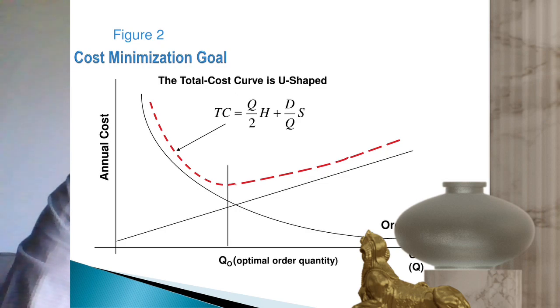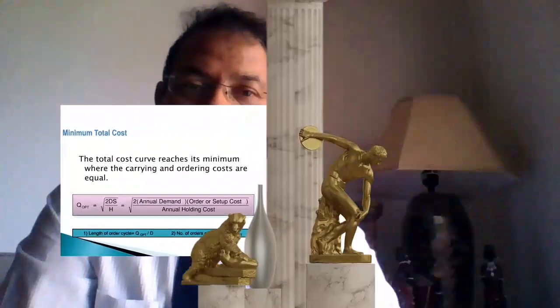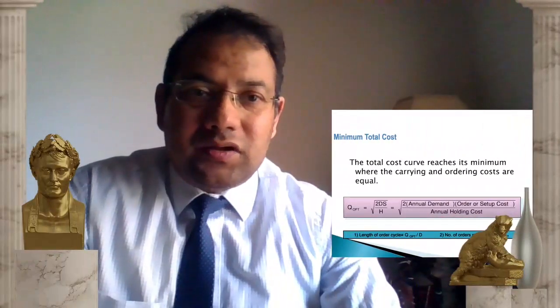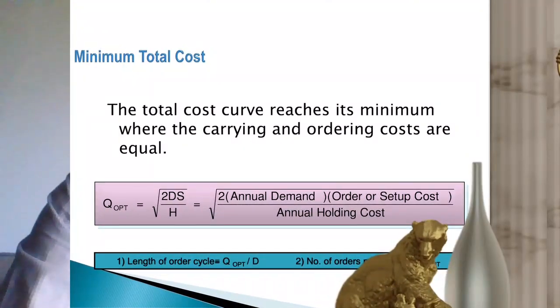So how do we calculate EOQ? There is a formula for that. This formula says that the total cost curve reaches its minimum where the carrying cost and ordering cost are equal. If you see in the previous curve, at EOQ, carrying cost and ordering cost are equal. Using this and differential calculus, we get the formula for EOQ.